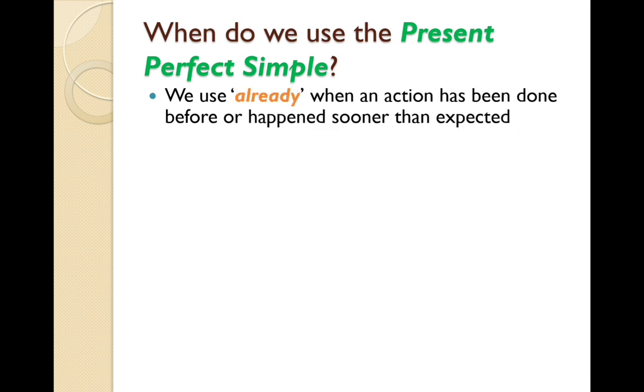We use already when an action has been done before or happened sooner than expected. Subject plus have or has plus already plus verb 3. So, like with just, we put the adverb between have and has and the past participle.